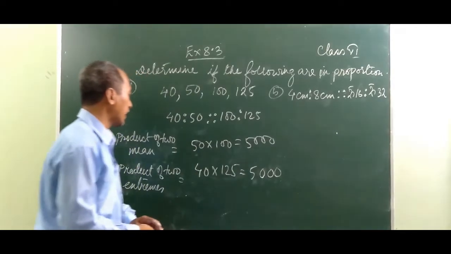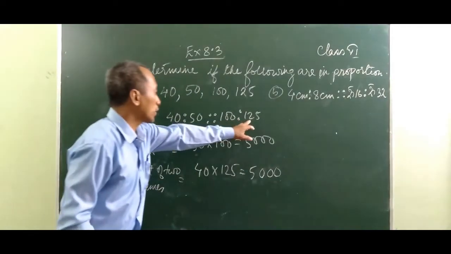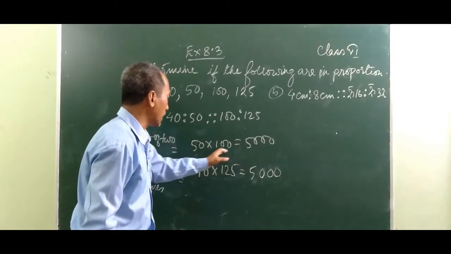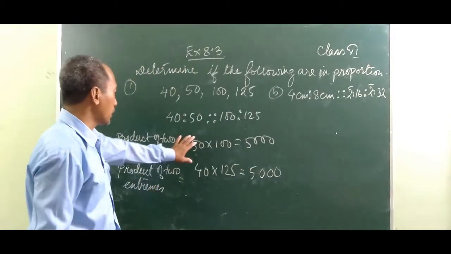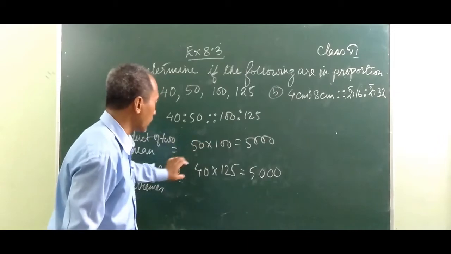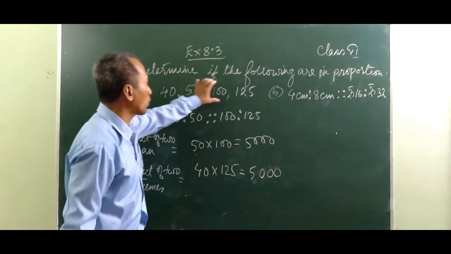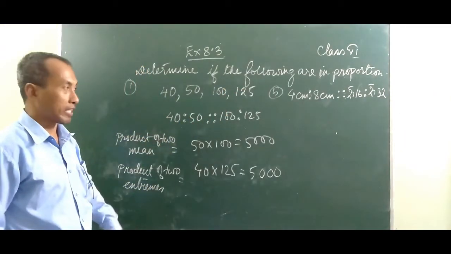So we see here that 40 into 125 is also 5,000, and 50 into 100 is also 5,000. So the product of the two means is equal to the product of the two extremes. Therefore, we can say that the four quantities are in proportion.